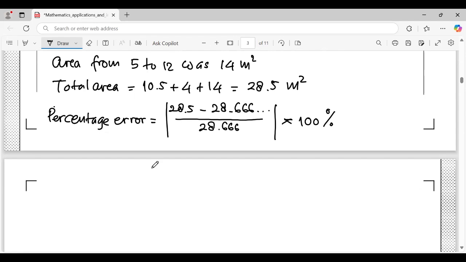So the percentage error, if you calculate this, is 0.5813. Rounded off, it becomes 0.8581%. That one.